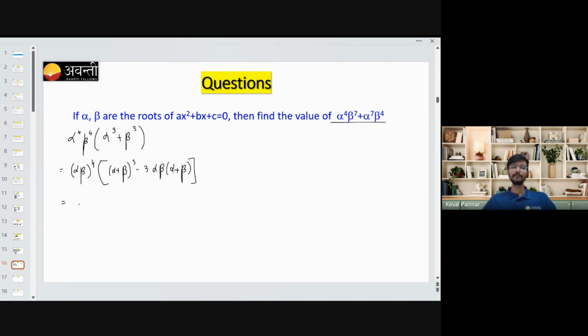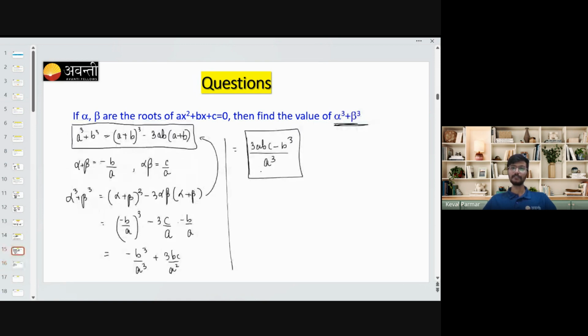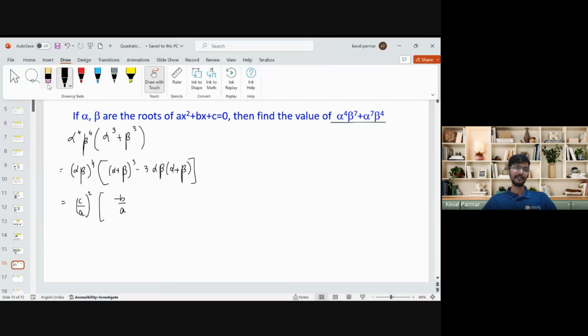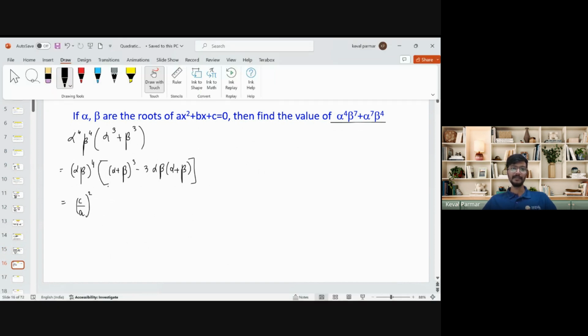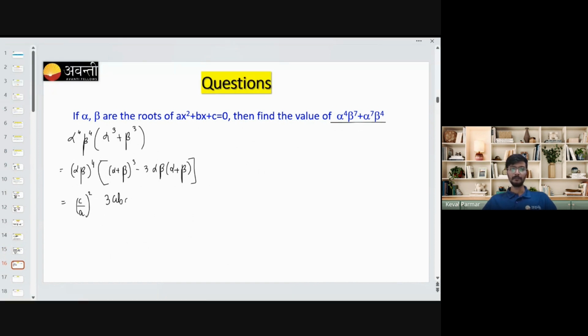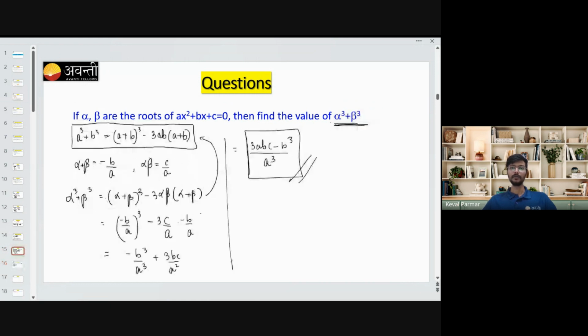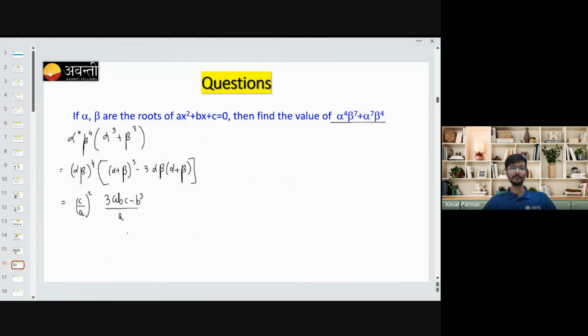Now what is the product of the roots? It's c by a. What is the sum of the roots? It's minus b by a. We can directly use this value here. I'm directly using this value, guys: 3abc minus b cube upon a cube. So I can directly write it here: 3abc minus b cube upon a raised to the power 3.